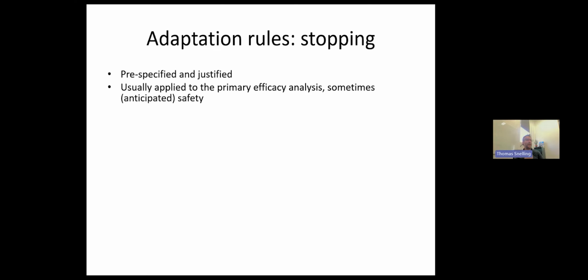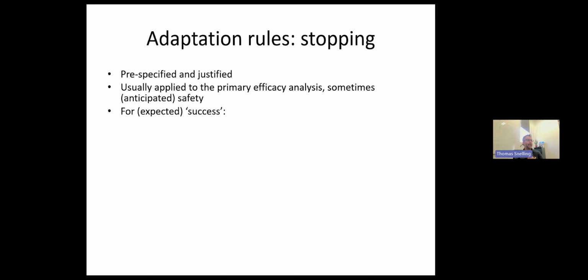So it's usually around evidence of efficacy of a treatment. Sometimes, although not often, there may be stopping rules applied to safety outcomes, but generally only when those safety outcomes can be anticipated in advance.